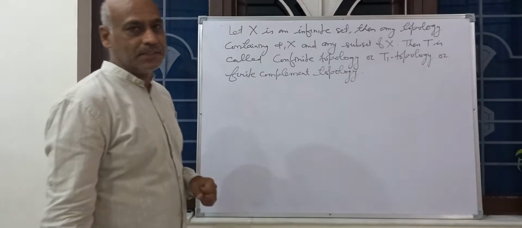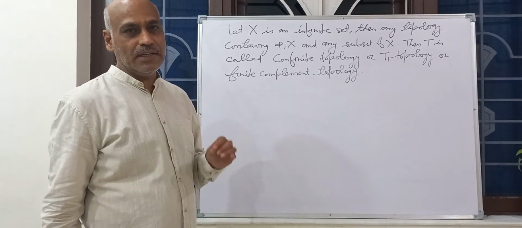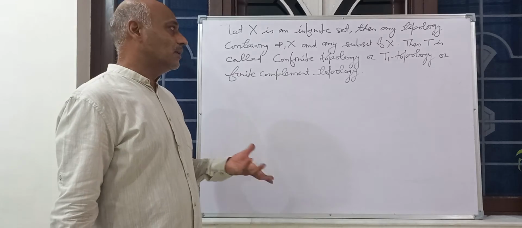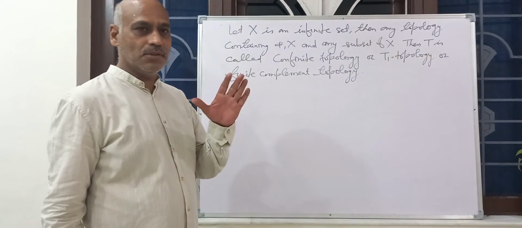If X is an infinite set, then any subfamily or topology which consists of phi, X and any subset of X is known as cofinite topology, T1 topology, or finite complement topology.